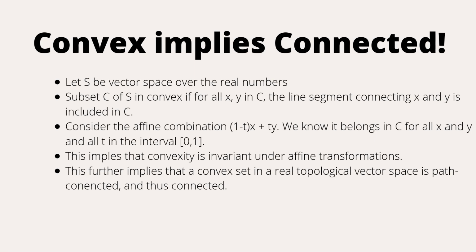And this further implies that a convex set in a real topological vector space is path connected, and furthermore, it's connected. Convex implies connected. And so we'll see an example of a convex space on the next slide.